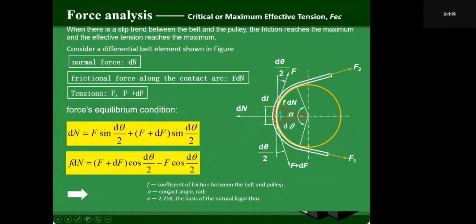f is the coefficient of friction between the belt and the pulley. Alpha is the contact angle, and e is the base of the natural logarithm. And then we can have this: F1 divided by F2 is equal to this.